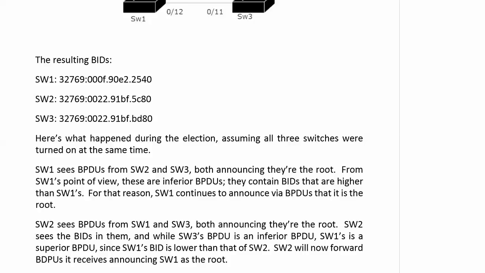So we know that switch 2 has a lower bid than switch 3. No problem there. But switch 1 has a superior BPDU and is sending that in. Switch 2 looks at it and says, okay, this guy's bid is lower than mine. That is the root. From that point on, switch 2 will forward BPDUs that it receives announcing switch 1 as the root.